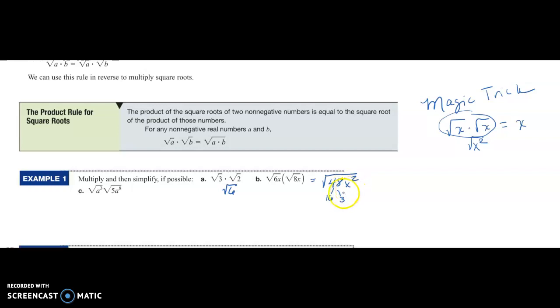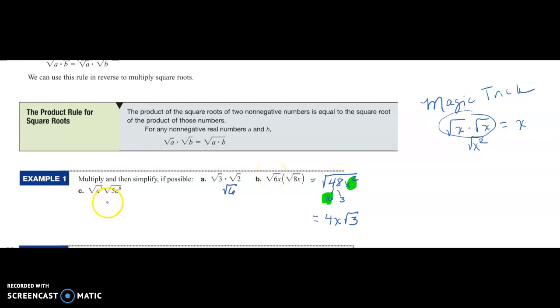I'm going to highlight this 16 because it's perfect, and this x squared is perfect. So those two have a ticket out from underneath the jail, the radical. The 16 on the outside of the radical is a 4, x squared on the outside is an x, and I'm left with the square root of 3. So that's how we would do a problem like B.